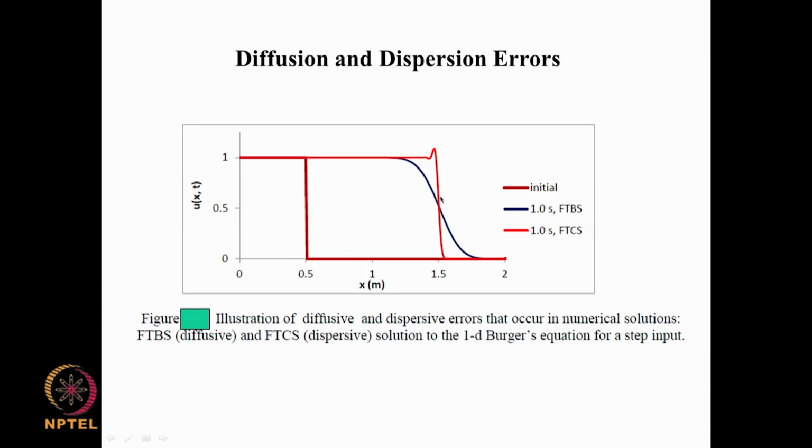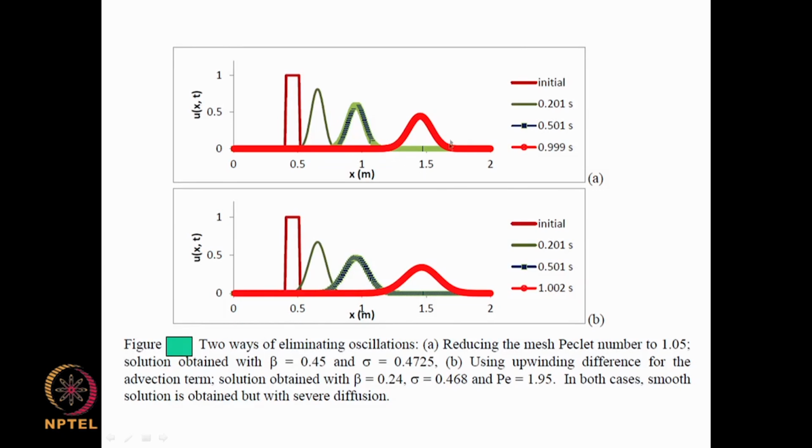So, in which there is very little diffusion and no dispersion. So, it is an essentially non-oscillatory solution with very little diffusivity, much less than what we get with the simple upwinding approach or with this highly diffusive approach that we are seeing here.